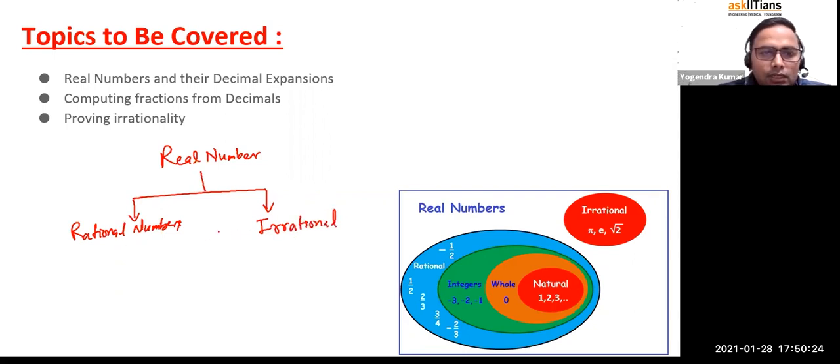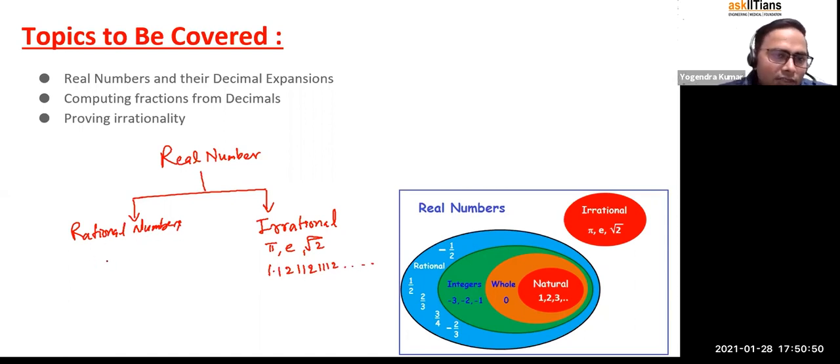So these are rational numbers and irrational numbers, like you can see. Irrational numbers are what? Examples are given here: pi, e, root 2, and this decimal form also, which is non-terminating, non-recurring: 1 2 1 1 2 1 1 2, like this it keeps on, it's not repeating. But rational numbers are what?